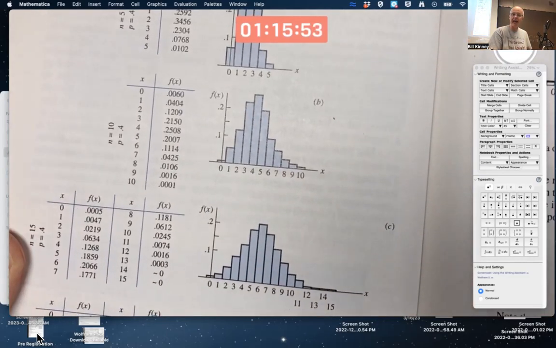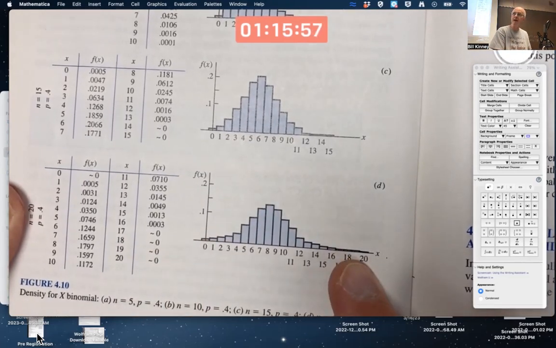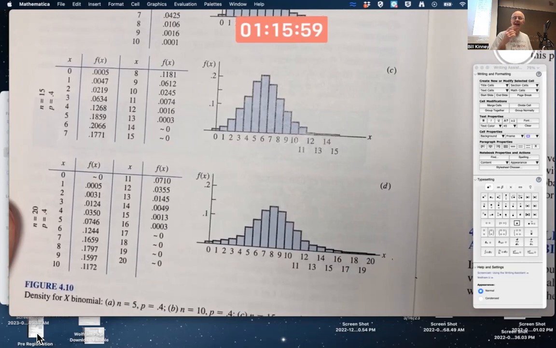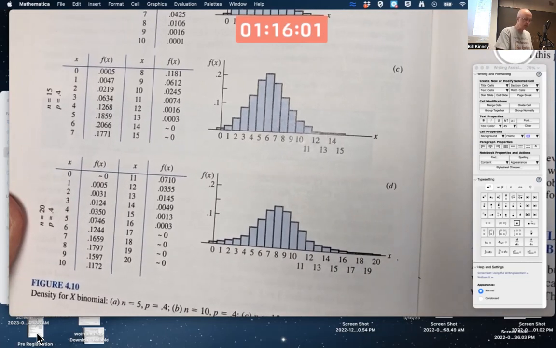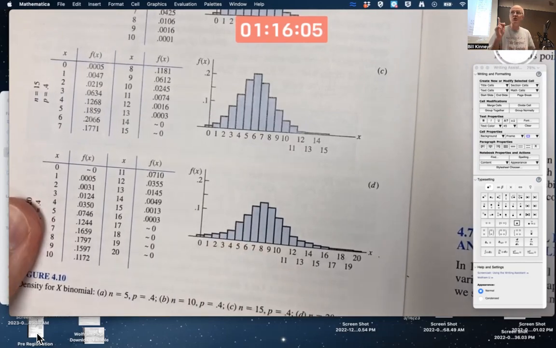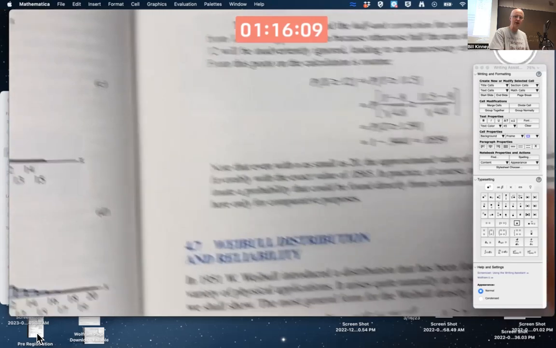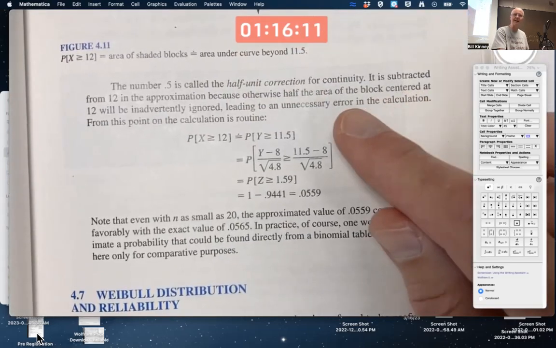And the bigger N is, the more it looks like a normal curve. And areas under the normal curve, therefore, can approximate areas under this, and therefore probabilities. But it's tricky because you have to use something called the half unit correction for continuity.